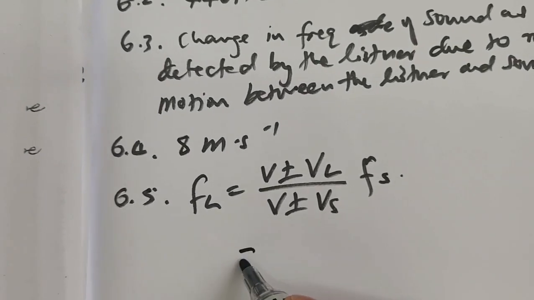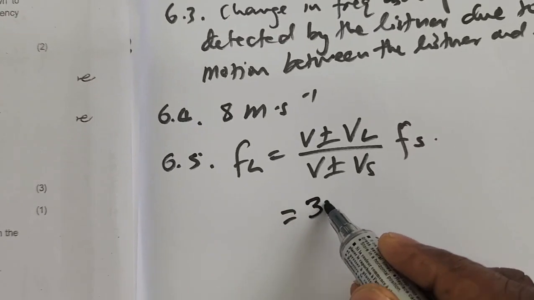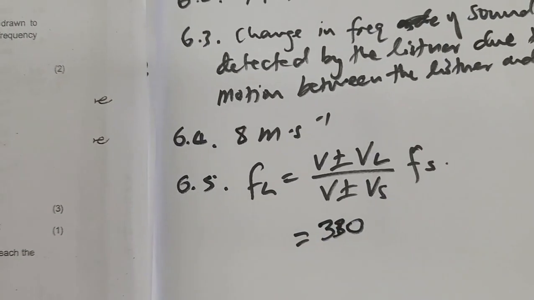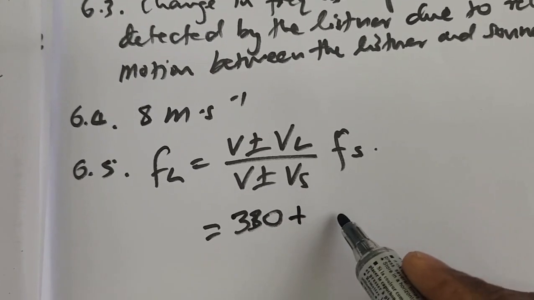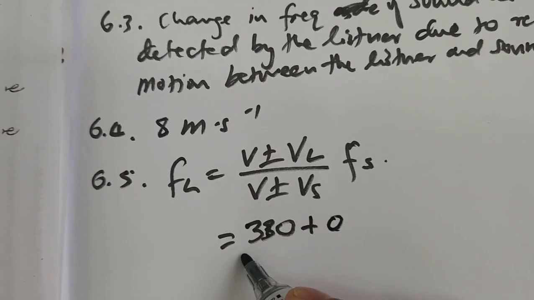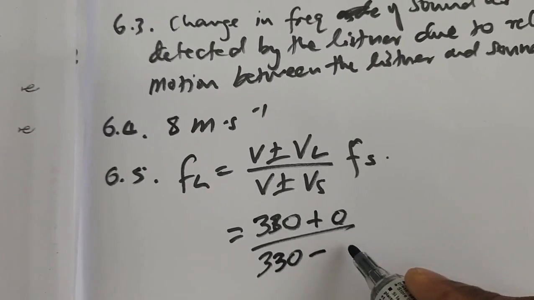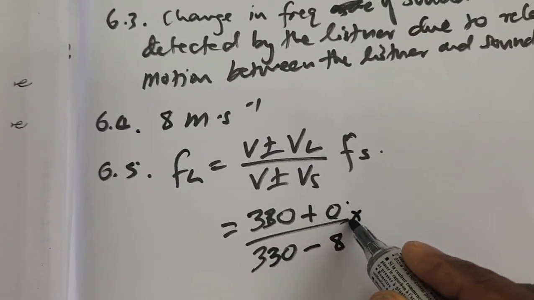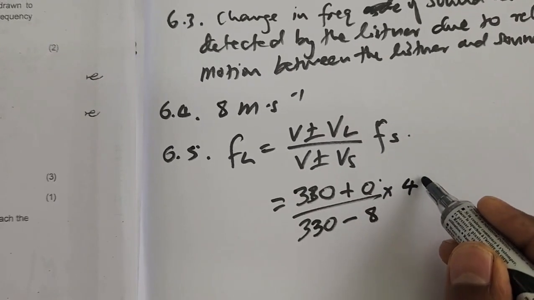The listener is the one we're calculating. They say the speed of sound in A is 330 according to this one, and the motion is towards the observer. So we'll start with the plus, and then the listener is stationary, it is the sound source that is moving, minus 8, and then multiply by 440.